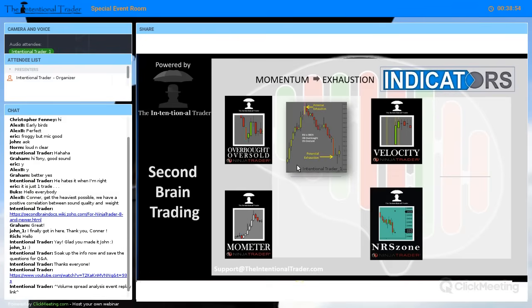Price will always pull back before it either reverses or continues on its way, on its trend. Okay? So if we know that for a fact, why aren't we looking at strong potential for exhaustion? All right, so that's what we look for. We use our OBOS indicator, overbought, oversold indicator, which has several indicators inside of it. You have a lot of choices. We like to use the RSI for the momentum indicator.